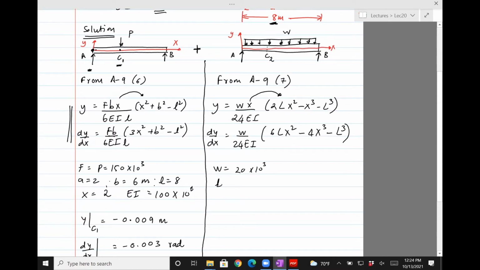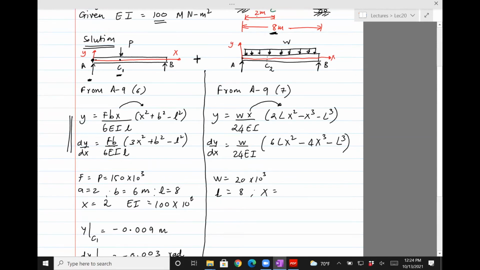The length L is 8. X is the distance from the point A. It is going to be 2 meters for C2, so 2. And then EI, like previously, it's 100 times 10 raised to 6.